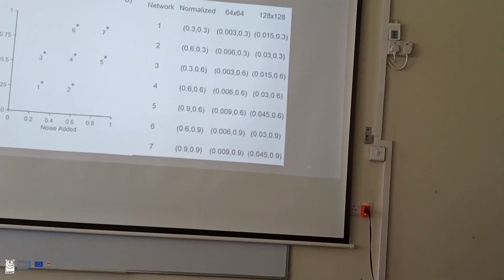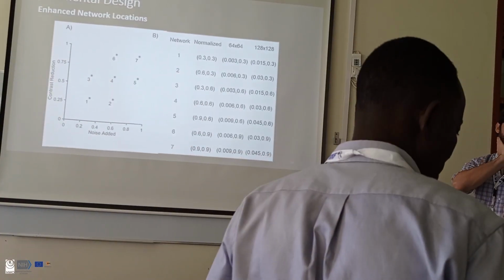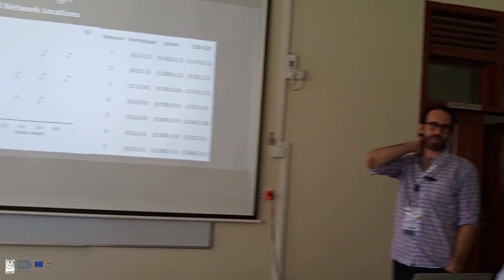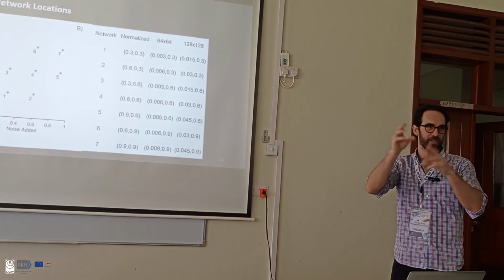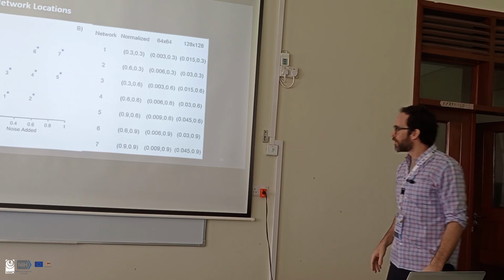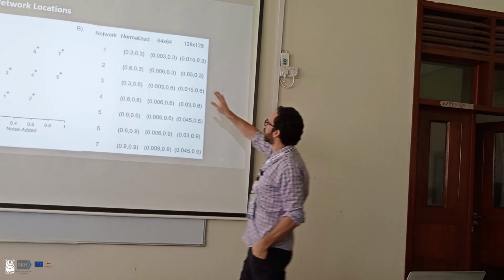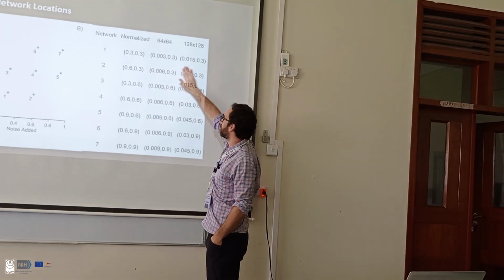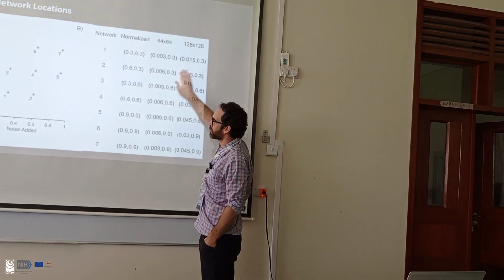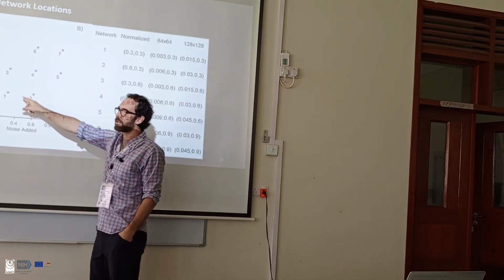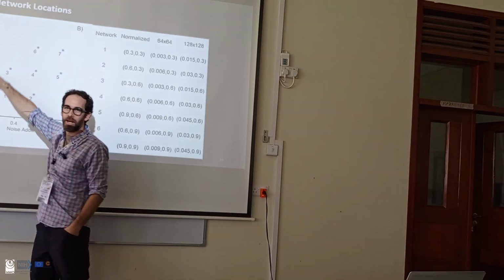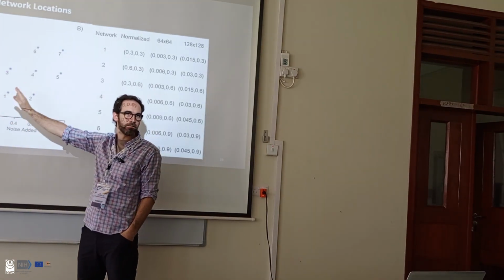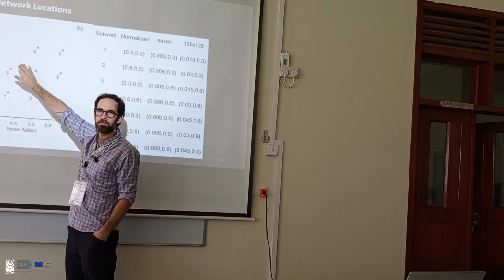For training the machine learning networks, this is very time consuming. We can't do it for every potential combination of noise and contrast reduction, right? So for two different resolutions, 64 by 64 and 128 by 128, I chose 7 locations throughout the noise added and contrast reduction plane to train networks.